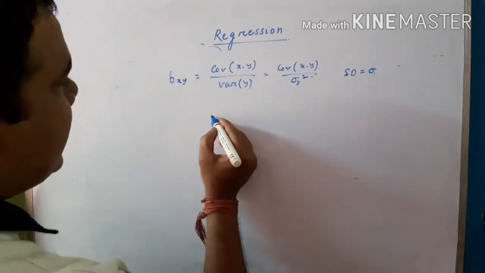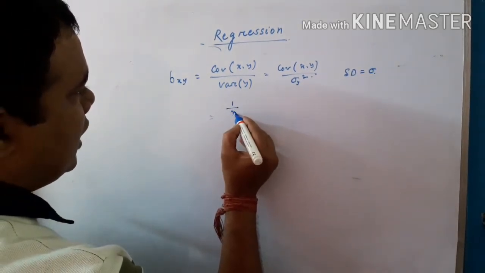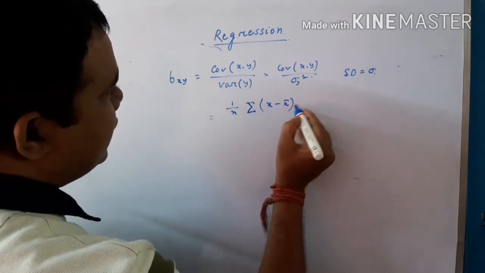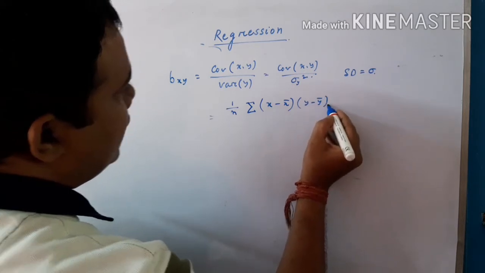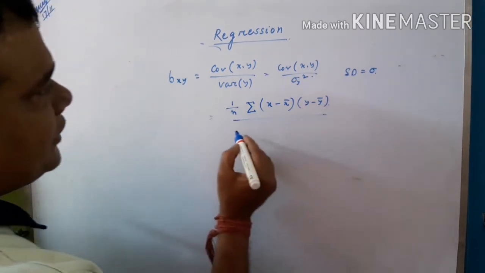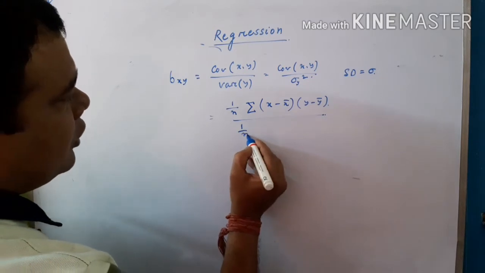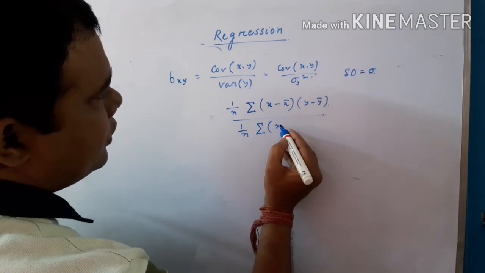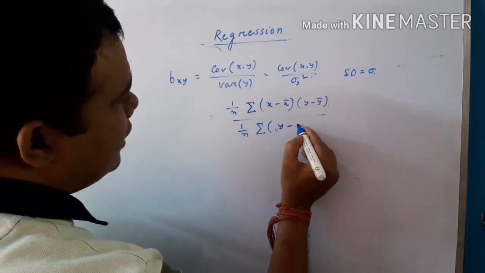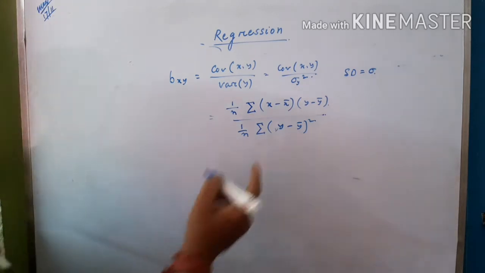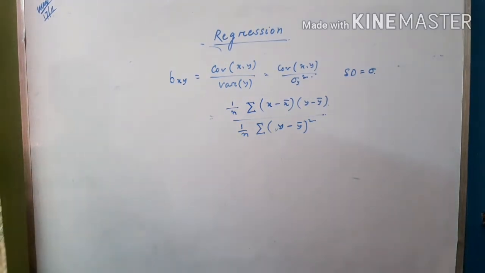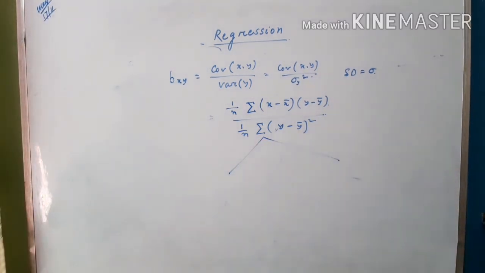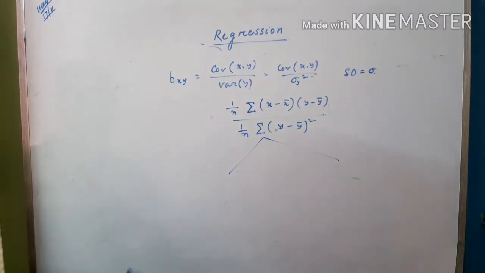Now see that covariance is calculated by the formula 1 by n sigma x minus x bar into y minus y bar, and variance of y is calculated by the formula 1 by n into sigma y minus y bar whole square. Now this leads to two results. One is just cancel 1 by n and 1 by n from numerator and denominator.